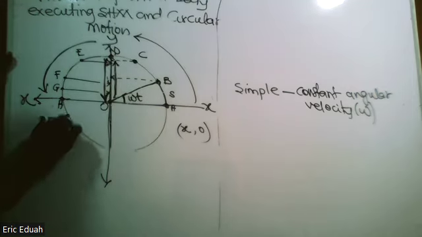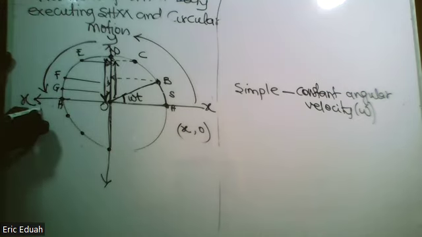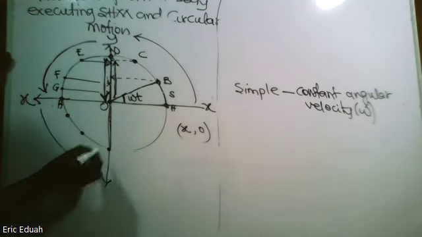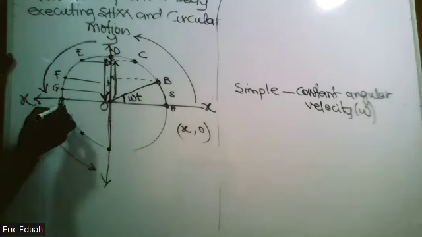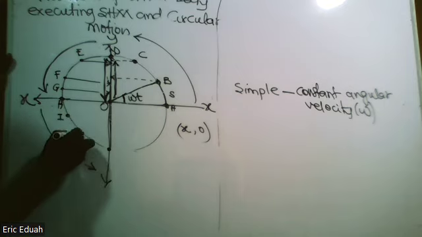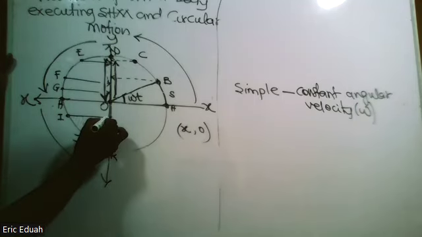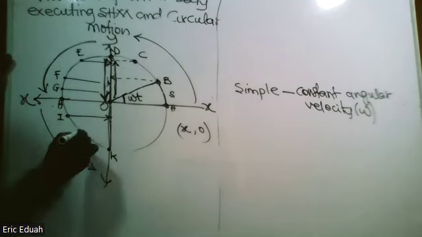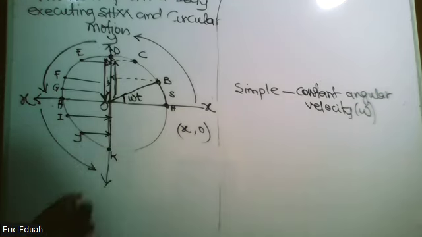Let's create about 3 points. We are in the third quadrant now. The body is in circular motion, so it is now here. What will be the image here? I, J, K. I will be here. J will be here.